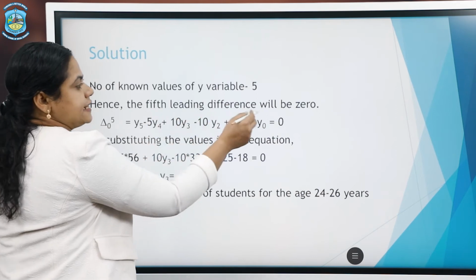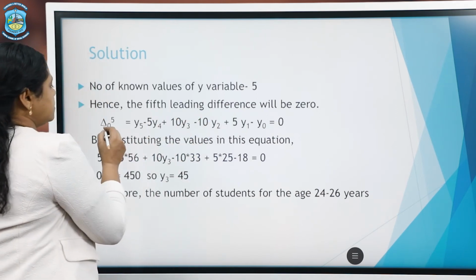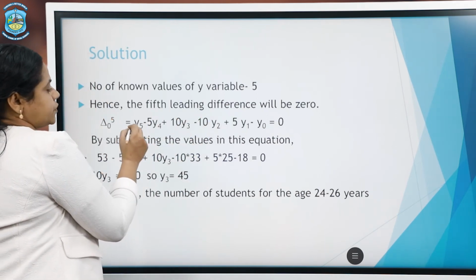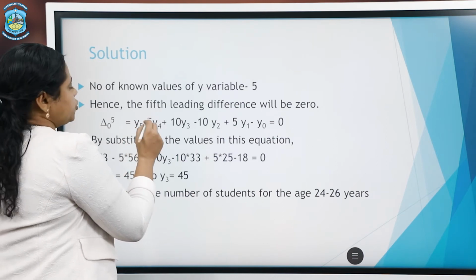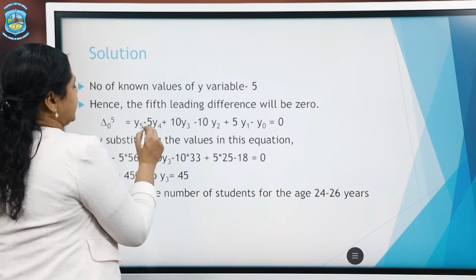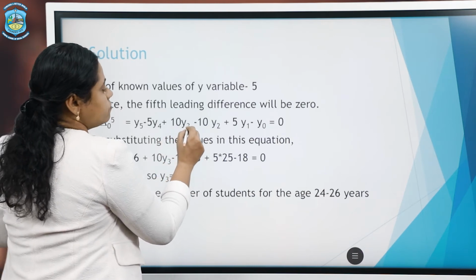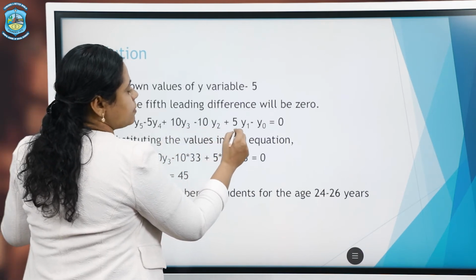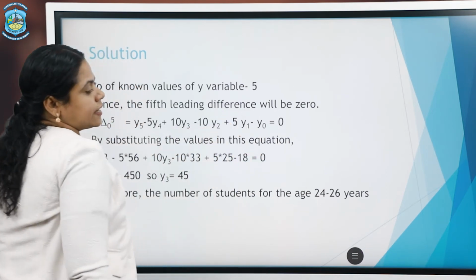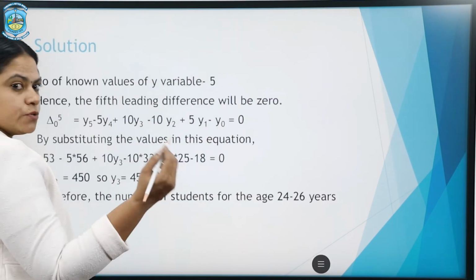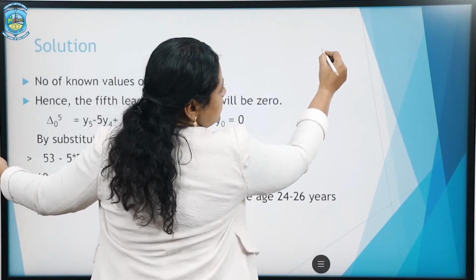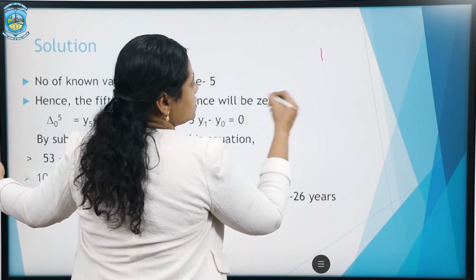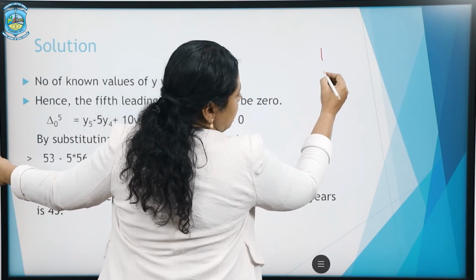So the fifth leading difference will be 0. We have to take del 5 y0, which is to be expanded, that is y5 minus 5y4 plus 10y3 minus 10y2 plus 5y1 minus y0 equal to 0. You can use Pascal's triangle for finding the numerical values while expanding.